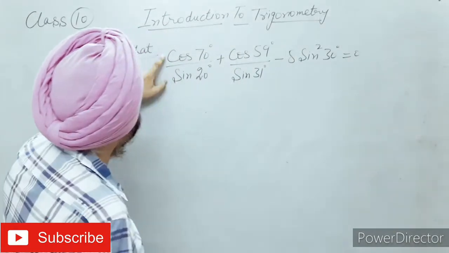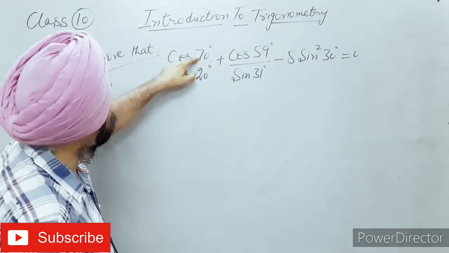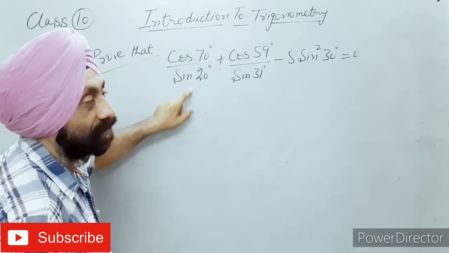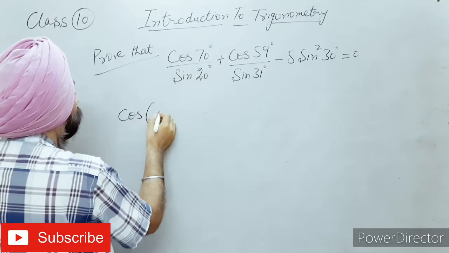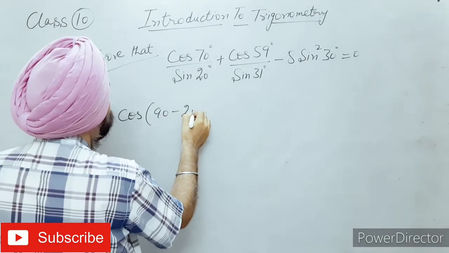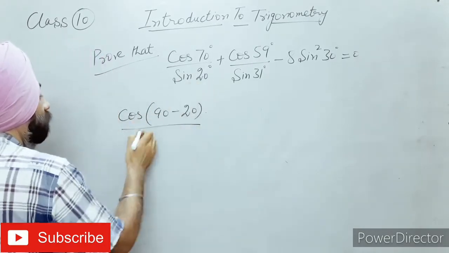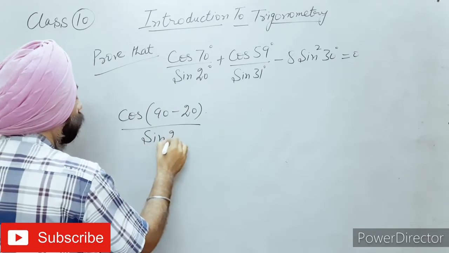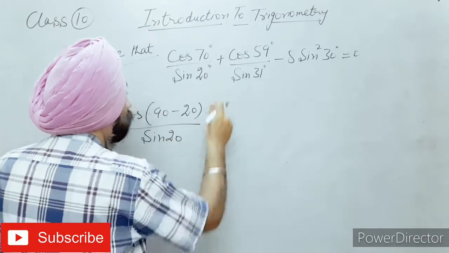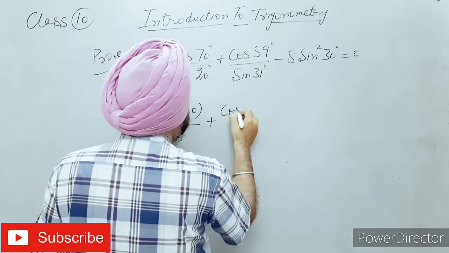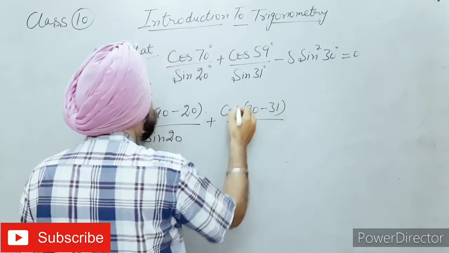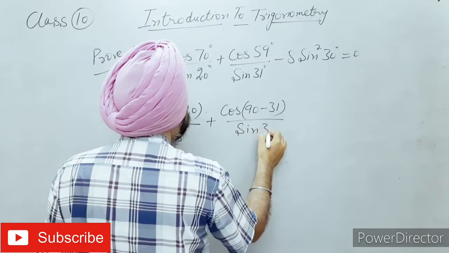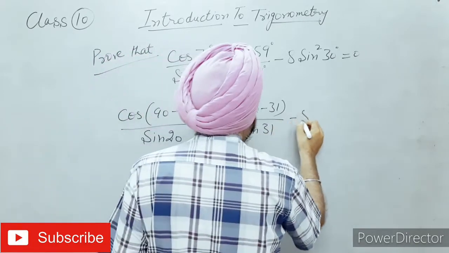Right? Now cos 70, either change the numerator or the denominator. Now if I write this as cos 70 is written as cos of 90 minus 20 divided by sin 20 plus cos 59, cos of 90 minus 31 divided by sin 31 minus 8.